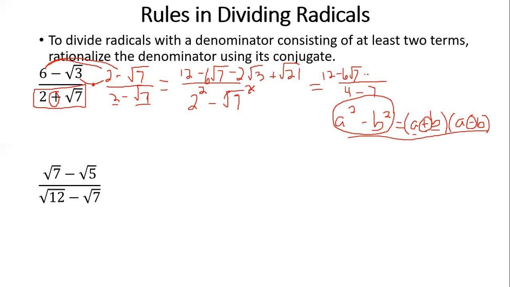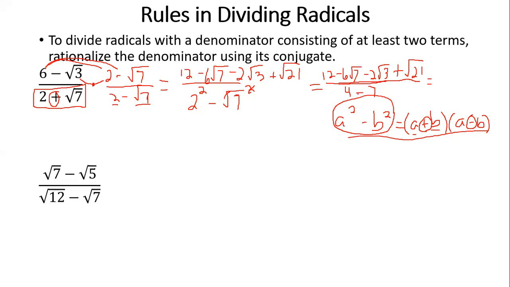Okay. Minus 2 square root of 3 plus square root of 21. Medyo habaan po natin yung ating bar sign.